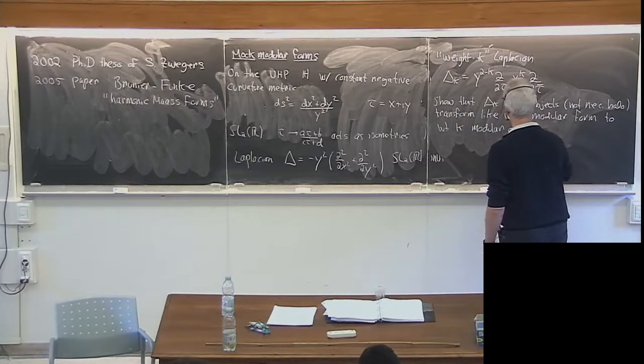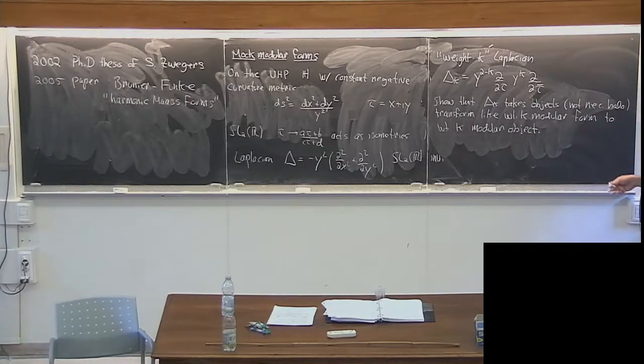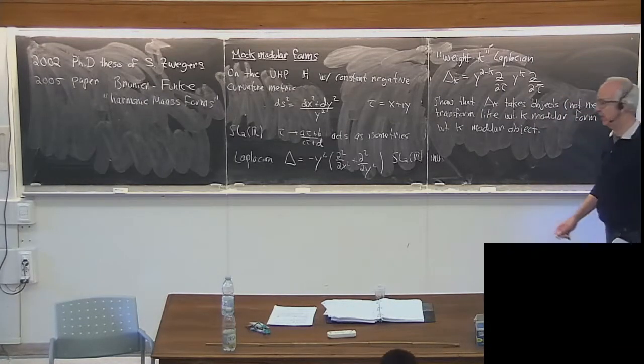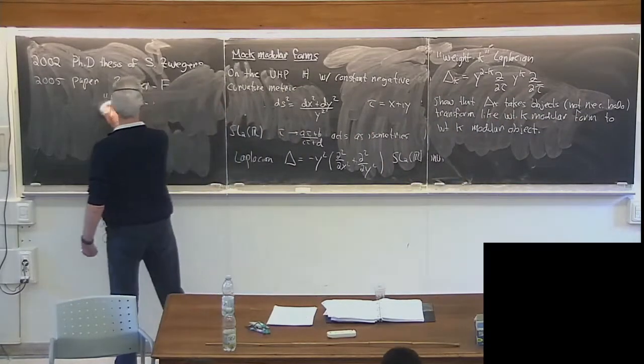In other words, if you act on something that transforms like a modular form of weight k, even if it's not holomorphic, with this operator, you can just check by a direct calculation that you get something that again transforms like a weight k modular form.